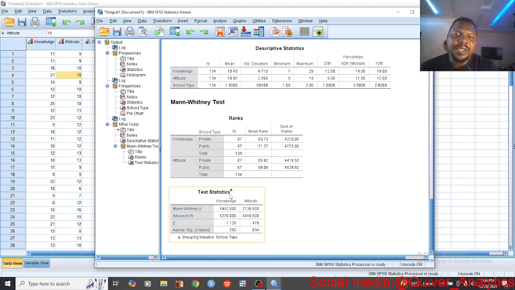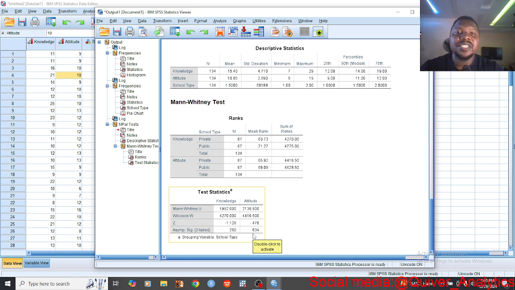All right, so for knowledge, the asymptotic p-value, that's its significance, the two-tailed test p-value, we have 0.260. Then here we have 0.634. Both of them are greater than 0.05, which implies that the test is not significant. So knowledge and attitude wise, we can say that there is no significant difference between the two.